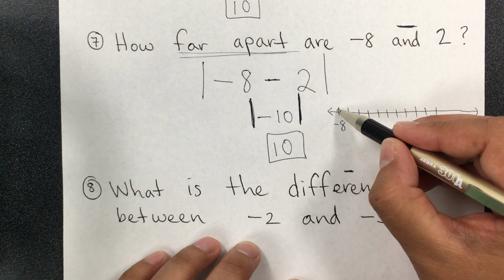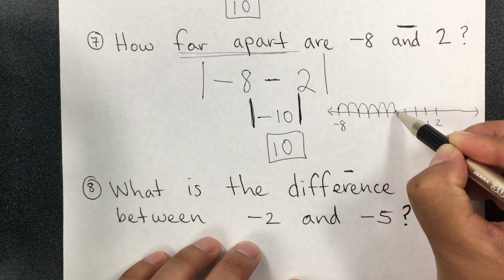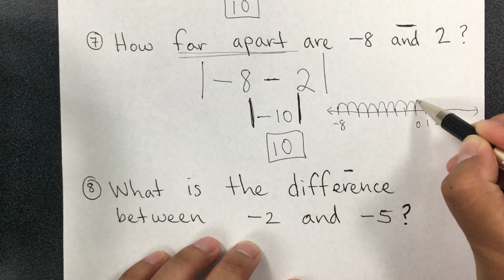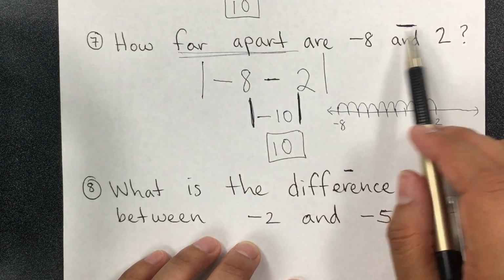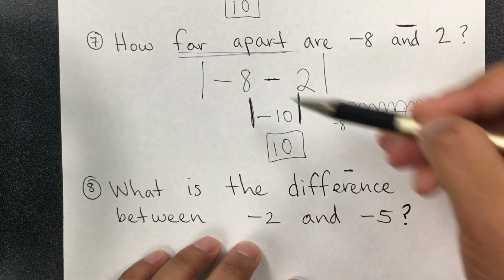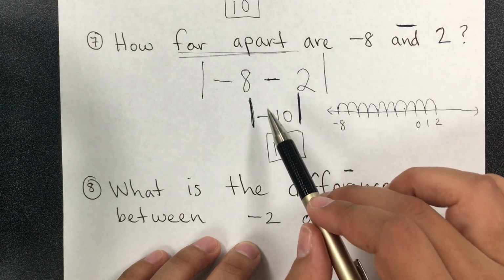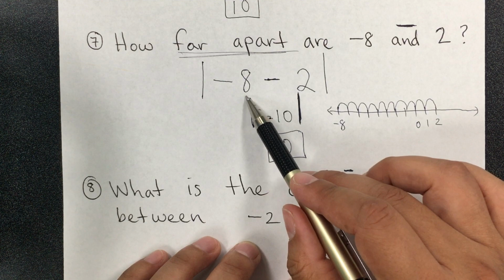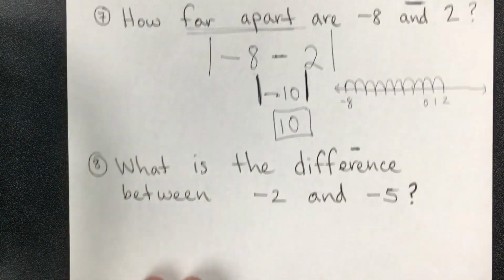And then let's count. 1, 2, 3, 4, 5, 6, 7, 8, 9, 10 spaces. Okay, so you can check that, yeah, by subtracting the two numbers, putting it inside of the absolute value, because you're going to get a negative. Distance cannot be negative, but by putting the absolute value, you get the positive answer.